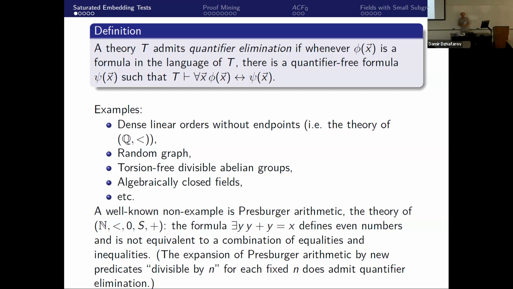The idea is if you have quantifier elimination for a theory, you understand the definable sets very well, because the definable sets are all quantifier-free. That means they're Boolean combinations of atomic formulas. So if you know what the atomic formulas look like, you know more or less what the definable sets look like.